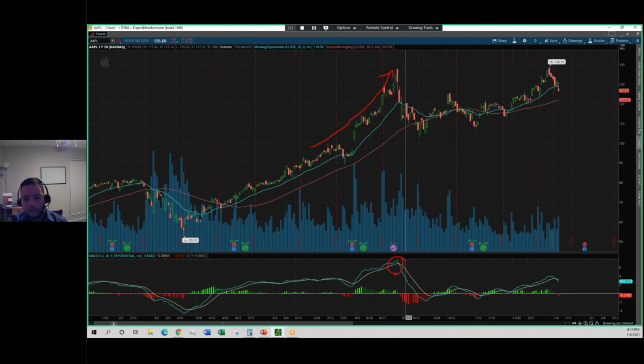It's really telling us that the signal line breached the 9-period moving average. You see the histogram starting to get red, and then you see a huge red candle here on Apple. Well, that's 3 signals right there that, okay, maybe it is time to start a short position.